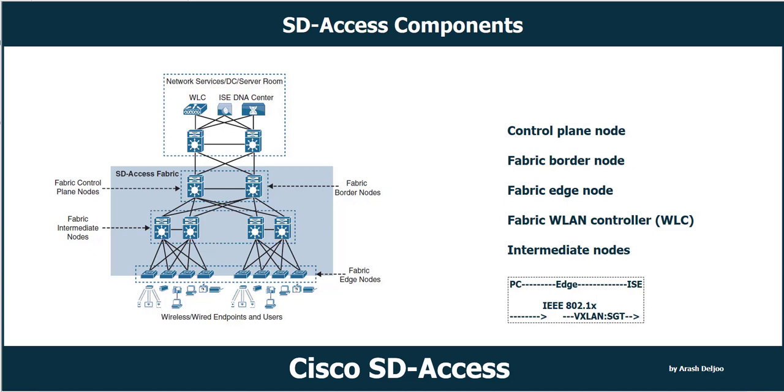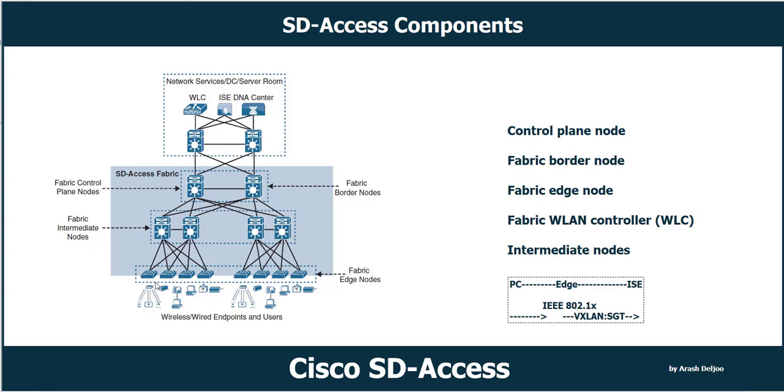A fabric edge first identifies and authenticates a wired client through 802.1x in order to place it in a host pool, meaning SVI and VRF instance, and a scalable group, meaning SGT assignment or scalable group tag. It then registers the specific EID host address with the control plane node.